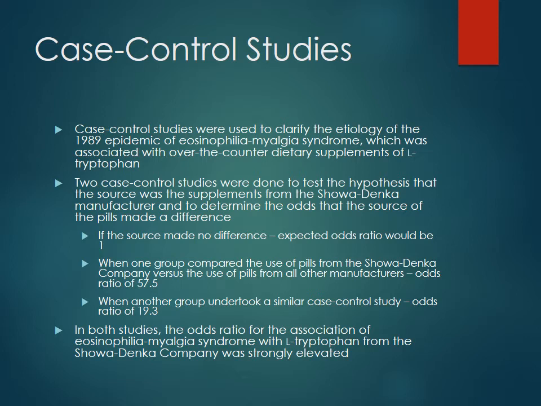What they were able to show is that from this one particular manufacturer, the odds were 57.5 times the odds of getting eosinophilia myalgia syndrome than if you had received a different manufacturer. And in a similar second case control study, the odds were still 19.3 to 1 that you were more likely to develop this. So in both studies, the odds ratio showed a strong association with eosinophilia myalgia syndrome from this particular manufacturer, and so they were able to recall it or stop distributing it.